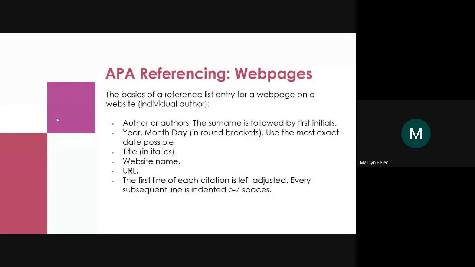Use the exact date if possible. Then the title in italics, then the website name, and then the URL. The first line of each citation is left adjusted. Every subsequent line is indented 5 to 7 spaces.